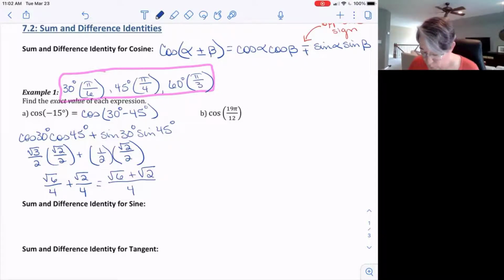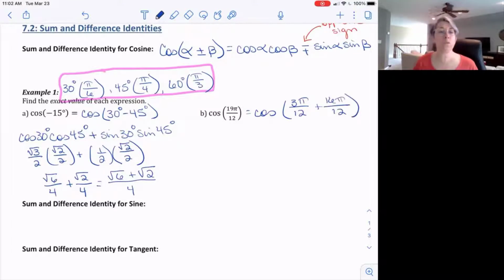So one example would be, we could take the cosine and write that 19 as 3 plus 16. So we can have 3 pi over 12 plus 16 pi over 12. And all of those numbers will reduce the 12.